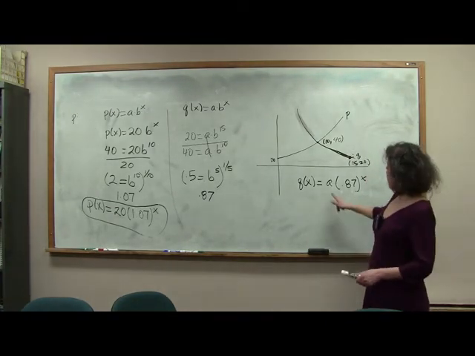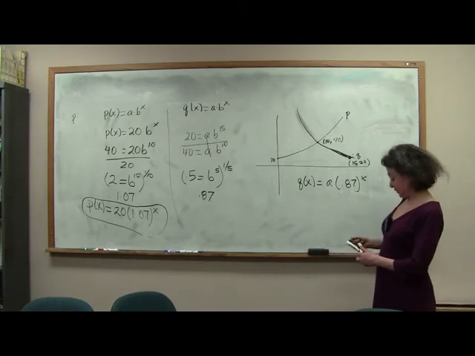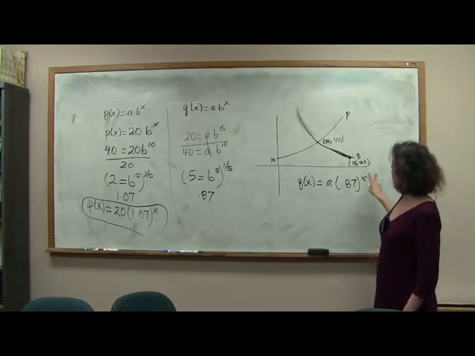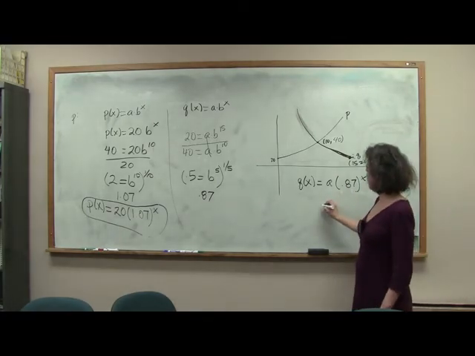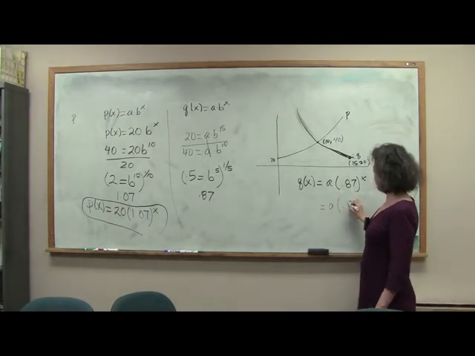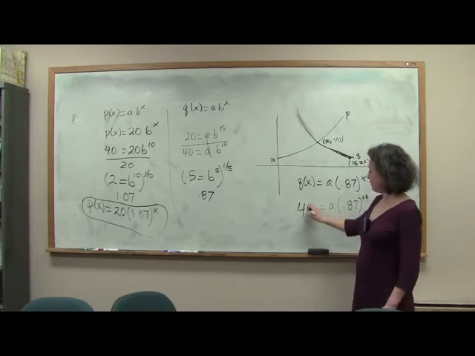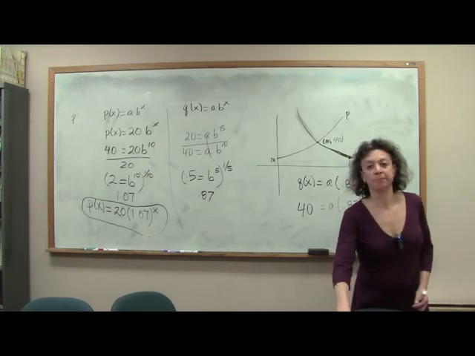And now what we need to do is find our value of a. So what we can do is take either one of these ordered pairs and plug them in. We know that if we plug in x equals 10, my function is equal to 40.